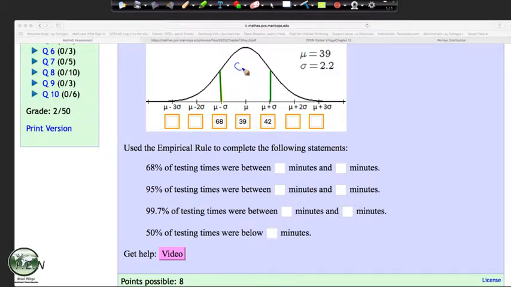It's the -1 to the +1. So this area here. So yes, that would be 36.8 to 41.2. 39 plus 2.2. Is it 39 plus 2.2? Yes. Oh, you're right. It's 41.2. I see what I did. Sometimes you have to add those answers.